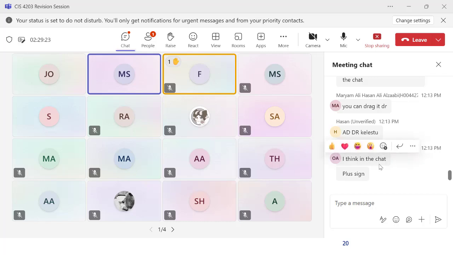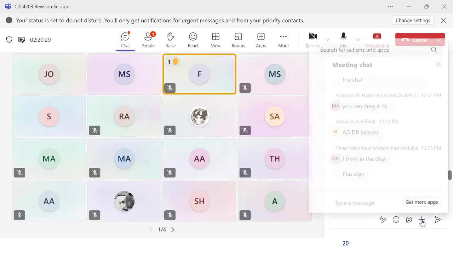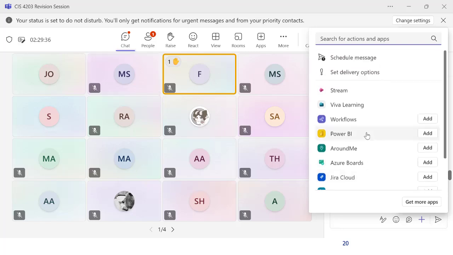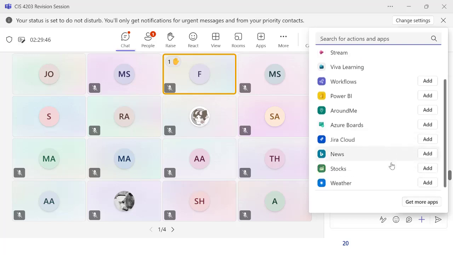Yeah, I have two CRMs, so here you have the option. Omar, that's the plus sign, but look at the option that I have. There's nothing there. Usually there should be a place where you can attach, but it's not there.